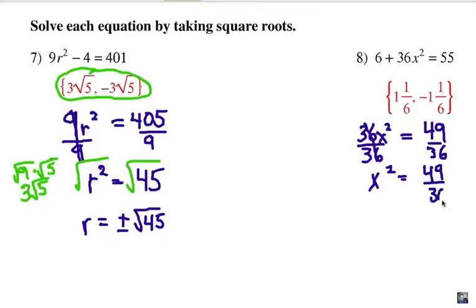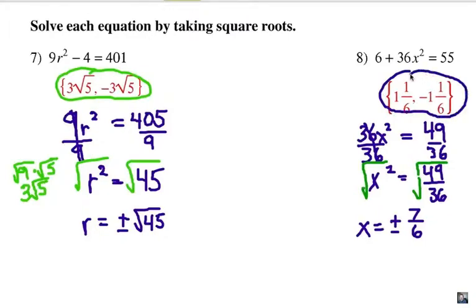But when we take the square root of each side, we get x equals the positive and the negative root of 7 over 6, which happens to be 1 and 1/6 if we simplify the improper fraction. So, a little bit tricky there at the end, but it is a positive and a negative answer in both cases. I hope you did okay on that.